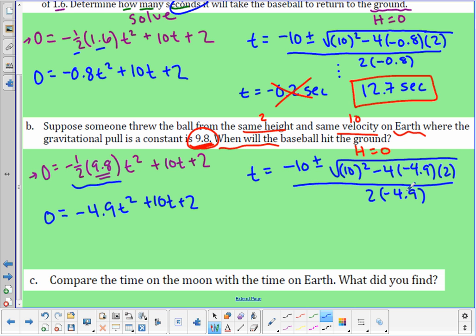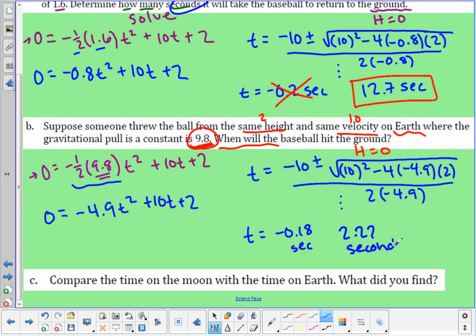The only thing that's changed is that a value, because now my a value works with a different gravitational pull. Again, I'm not going to take you through the quadratic formula, but just know that you have to go through those steps to get to the bottom when you do this on your own. And I ended up with the following two answers. I had t was equal to negative 0.18 seconds and 2.22 seconds.